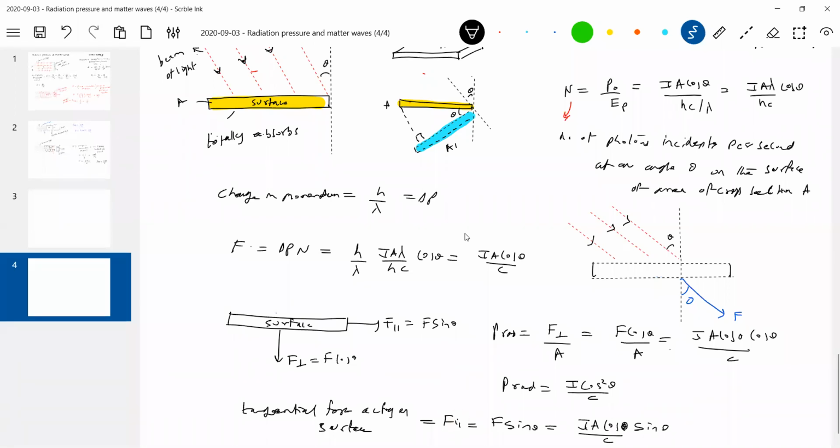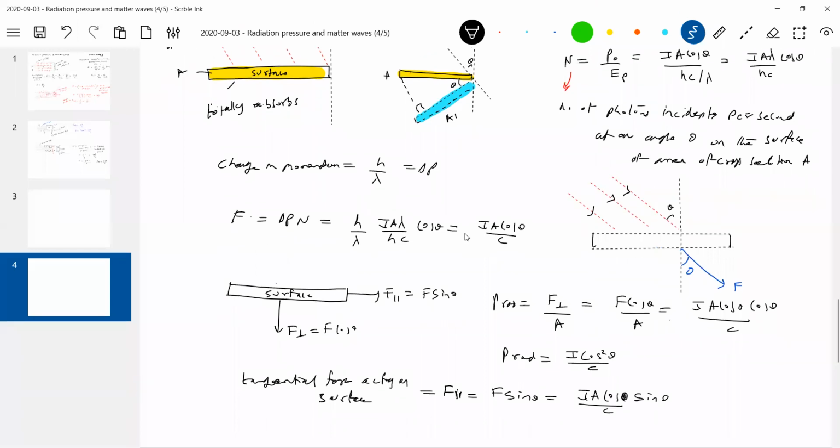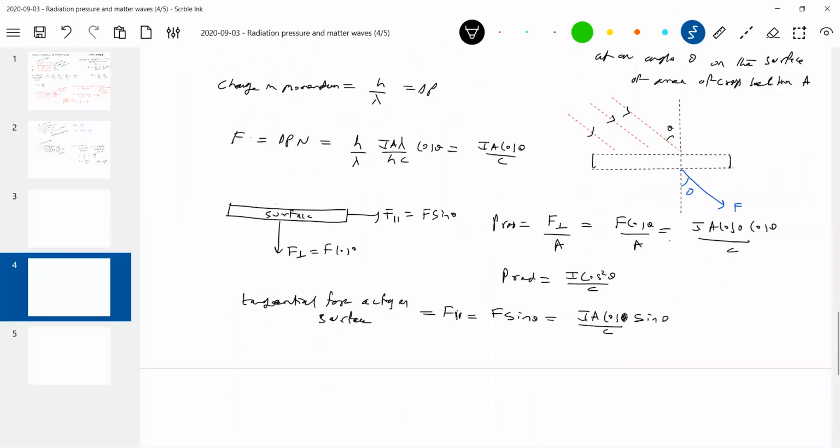Again, if I ask you the shearing stress, then it is F parallel by A. So what is the shearing stress on this surface? This is widely used in skin treatments. This is stress.